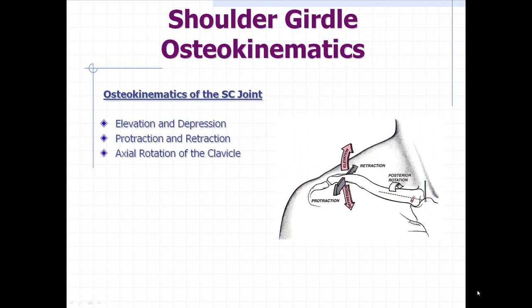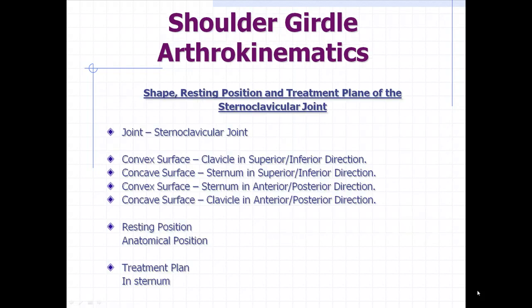Starting at the sternoclavicular joint, the physiological movements that we have are movements of elevation, depression, protraction and retraction, and axial rotation of the clavicle occurs during medial and lateral rotation of the scapula. The sternoclavicular joint, remember, is a synovial saddle joint.